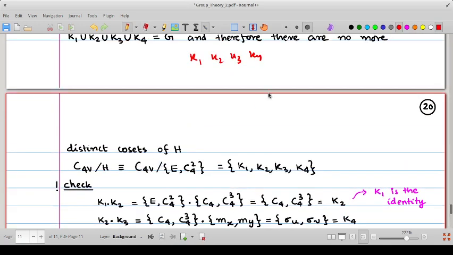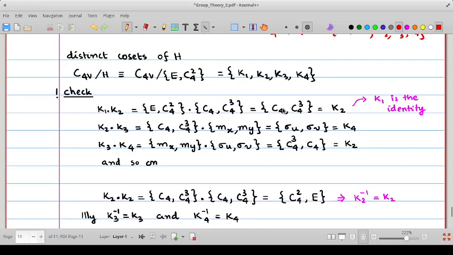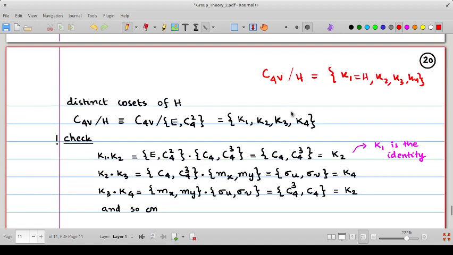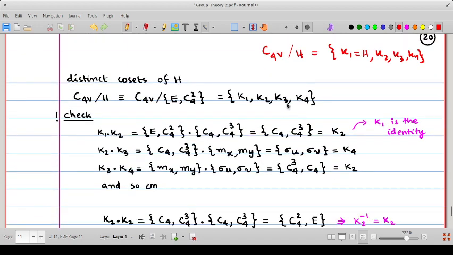Now, the quotient group with respect to H, given by C4V by H, is the set of all cosets, which is K1, where K1 was simply equal to H, then K2, K3, and K4. In fact, we can show by explicit multiplication that these form a group.